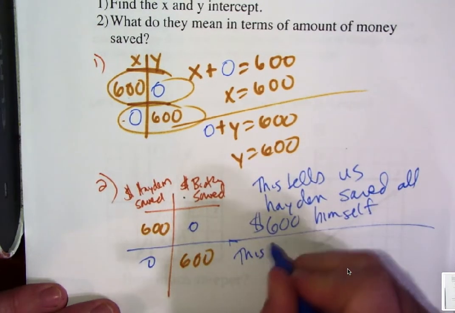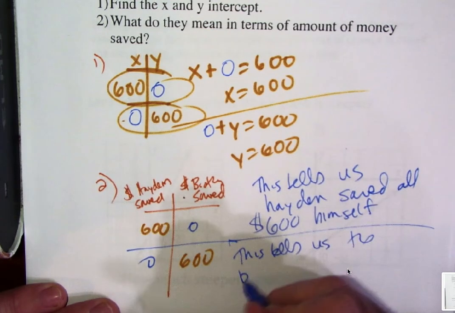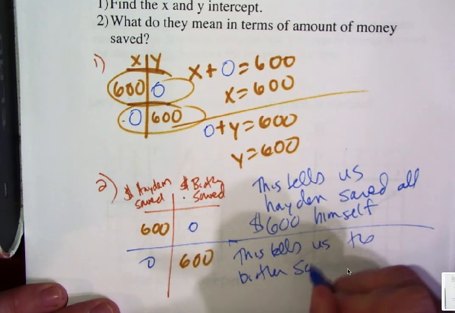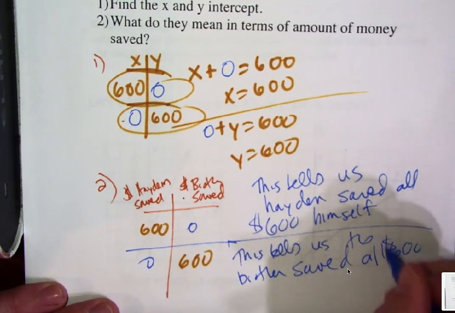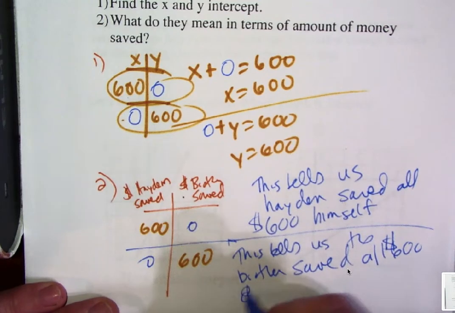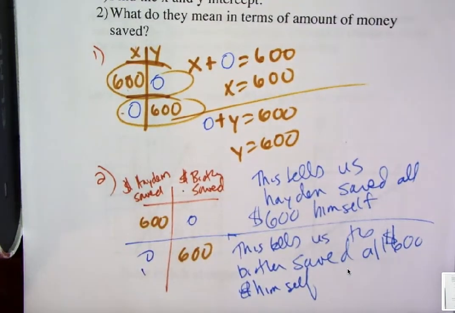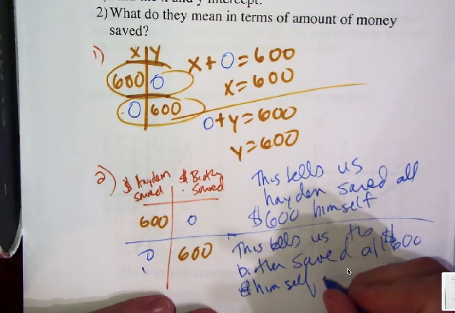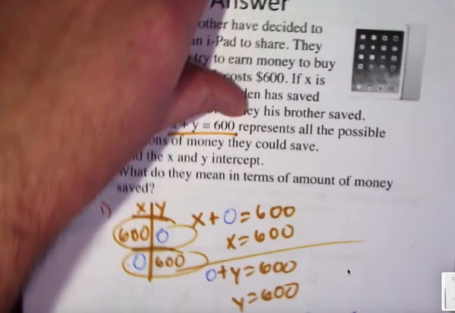Well, this tells us the brother saved all $600 himself, right? Hayden saved 0, and his brother would have to save all 600. So that kind of gives you the spectrum of both. All right. Great. So that was the do now.